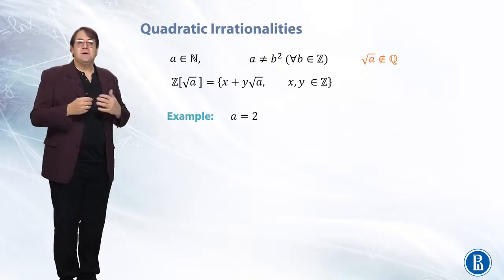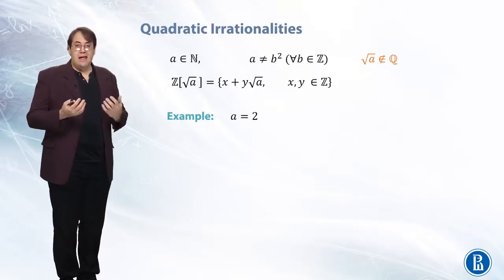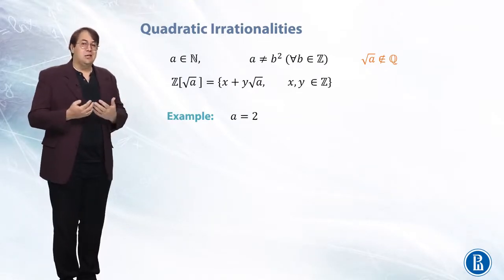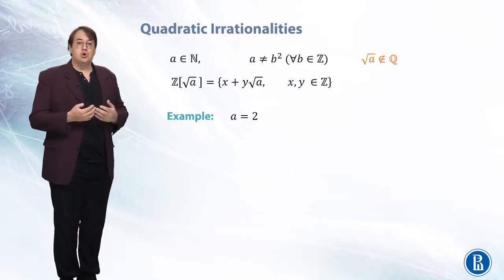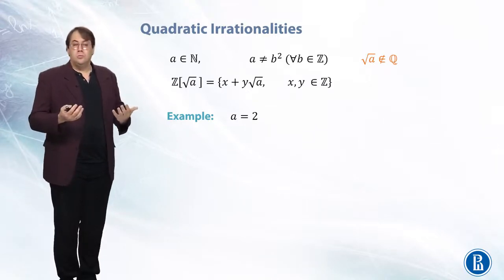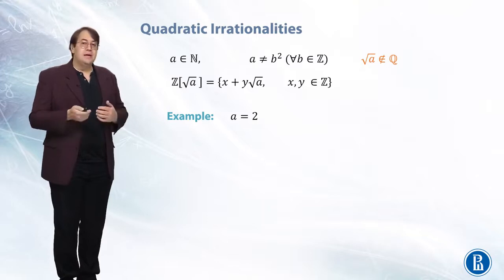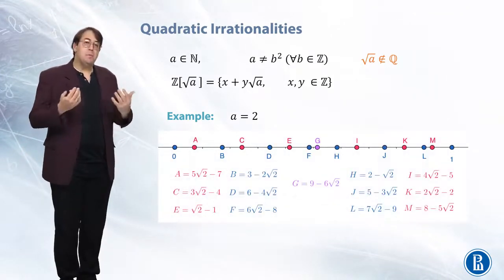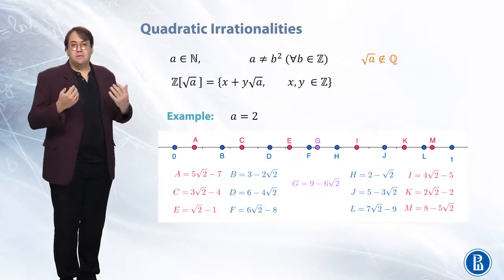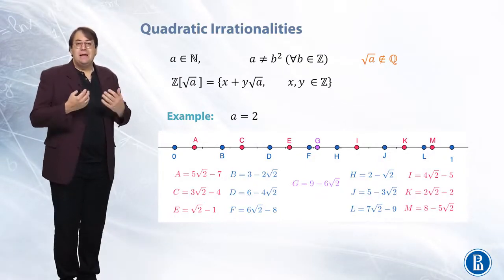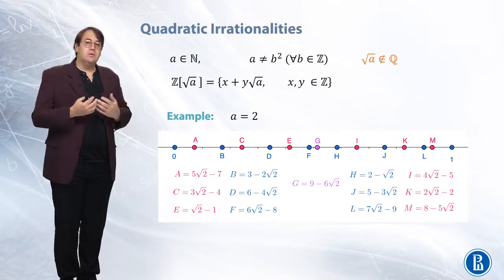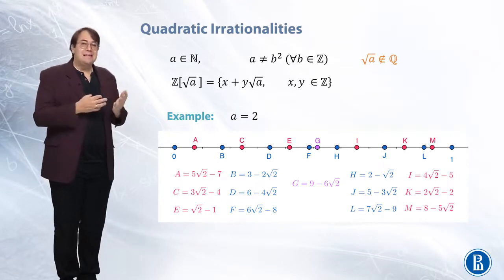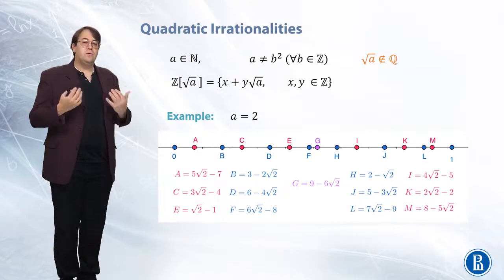For instance, if a is equal to 2, then of course a is not a perfect square, so the square root of 2 is irrational. And let's mark the points on the real line that correspond to numbers of the form x plus y square root of 2.